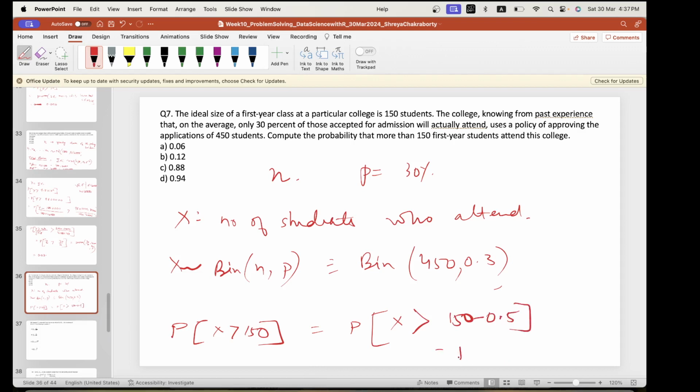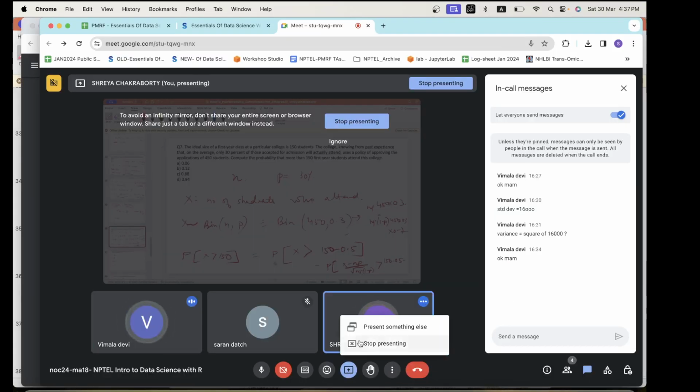So this one we can write as probability X minus np by square root of np into 1 minus p is greater than 150 minus 0.5 minus 450 into 0.3. How much is that? This is np. And np into 1 minus p is 450 into 0.3 into 0.7. So I'll just stop my screen share.